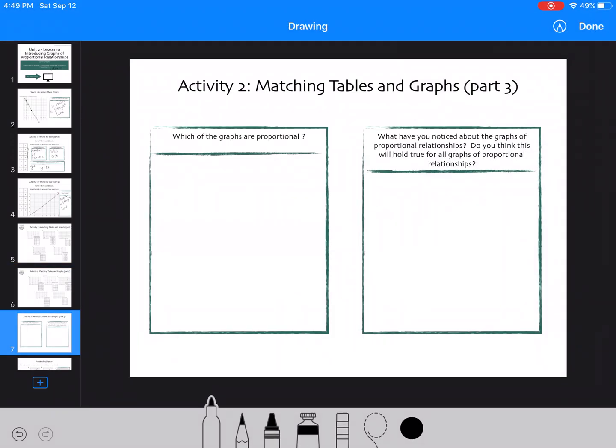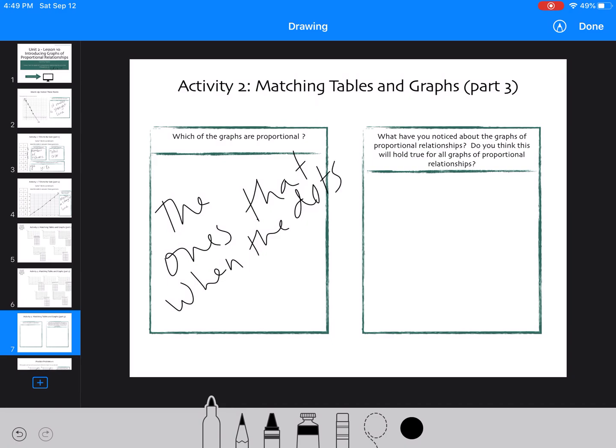They would be the ones that when the dots are connected, they make a straight line.